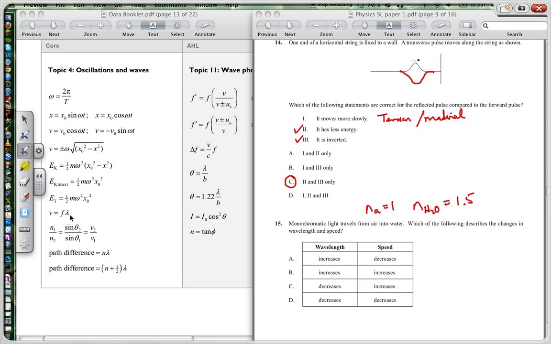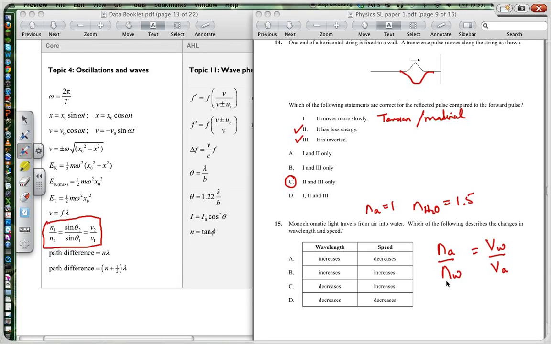So if we take this formula over here, we have n air over n water, that would equal the velocity in water over the velocity in air.